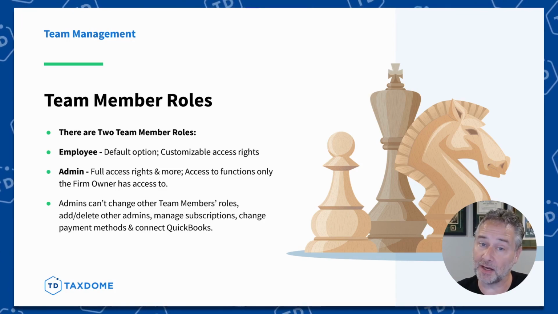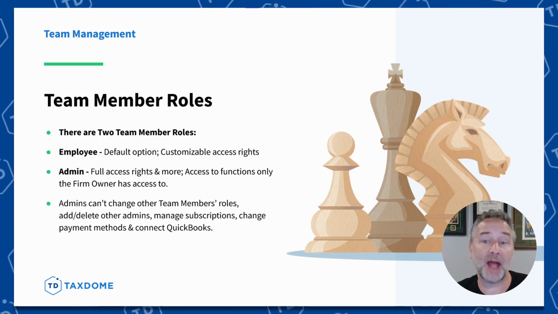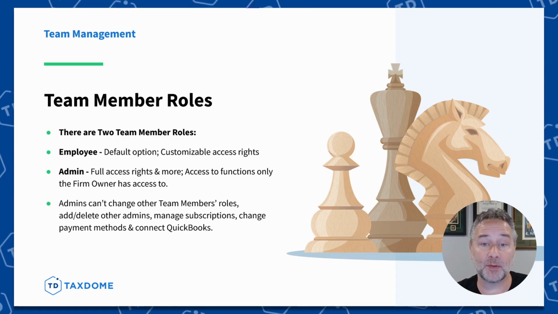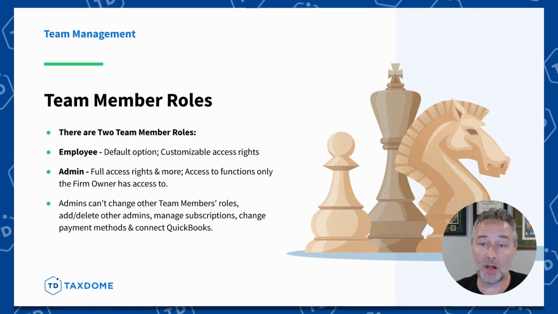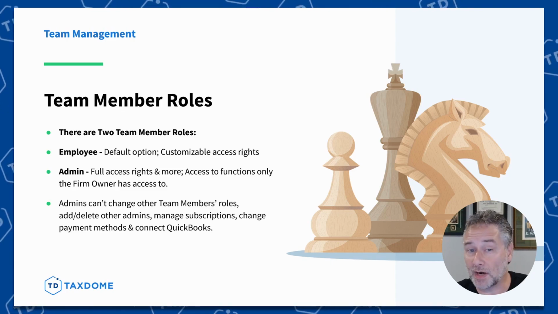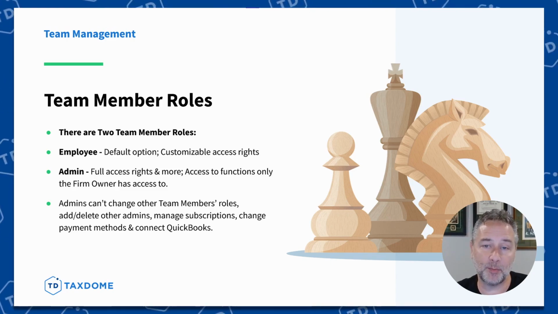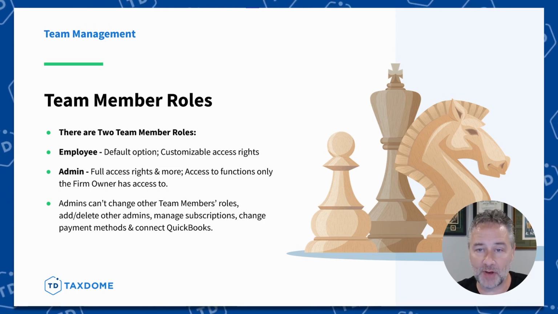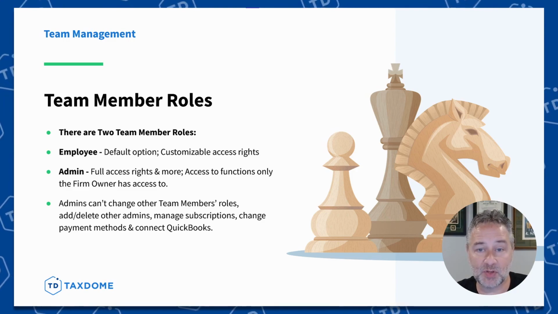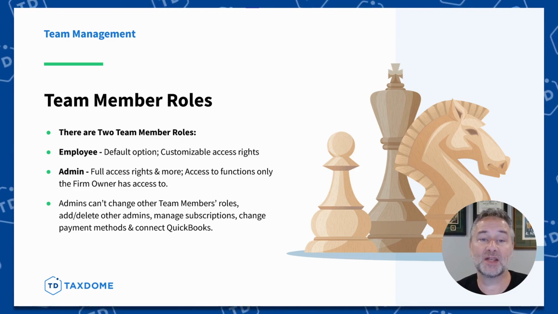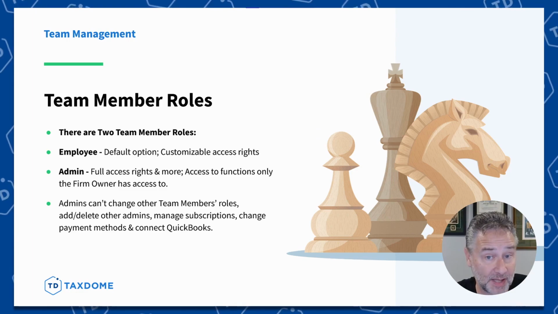Now, on the other hand, the admin role gives them access to everything you can select for employees and more. It gives the admin all the rights that the firm owner has, except for the ability to change the roles of other employees, add or delete admins, handle the subscriptions and payment methods, as well as connect QuickBooks Online.